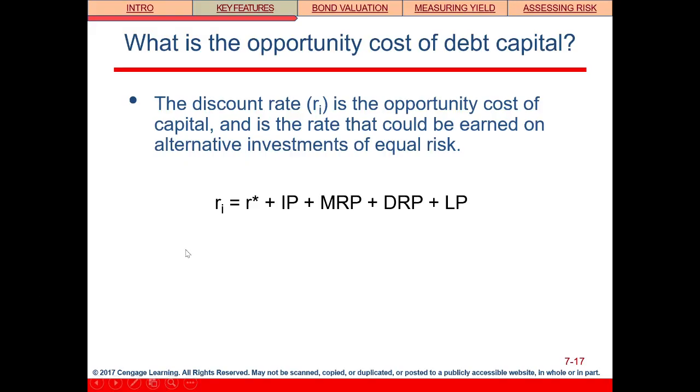So using this equation, we will be able to calculate the required rate of return for the bond, which is the same as the discount rate, as the opportunity cost of the capital, and is also the rate that could be earned on alternative investments of equal risk, right? So that means we need to know the maturity of the bond, the default risk, the liquidity risk, plus the inflation risk, and we calculate all these risk premiums plus the risk-free rate of return, and then we will be able to calculate the required rate of return.